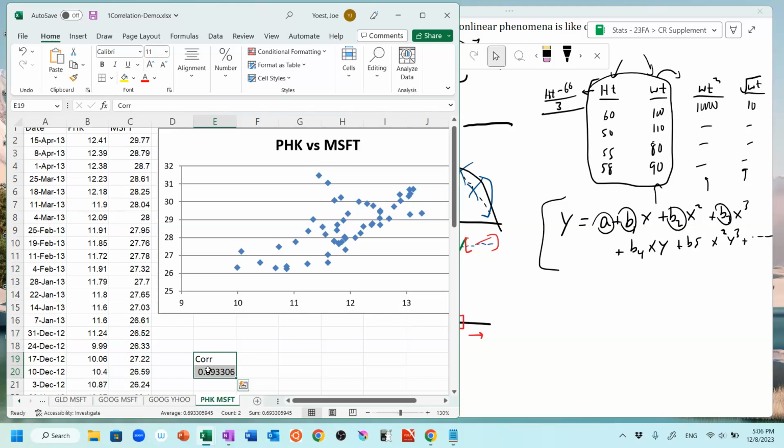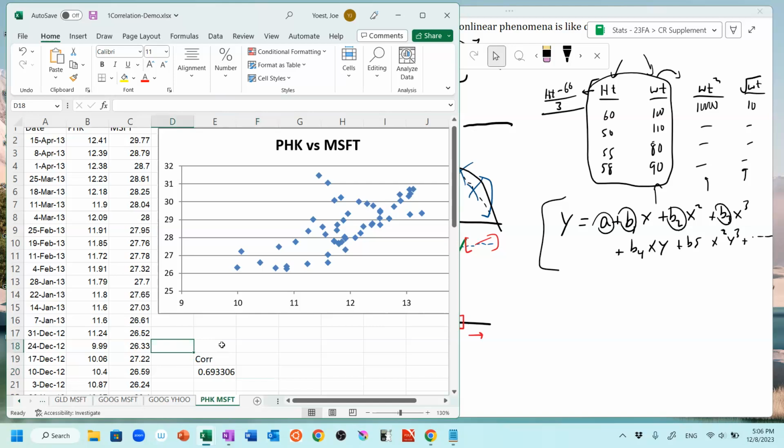And then I note the sign, because there is a relationship, I'm going to describe the nature of it. It has a positive sign. So this is a positive linear relationship between the variables. And again, that means observing a high value for one of them would lead me to expect to see a high value for the other one, and vice versa. Low, I would expect to correspond with low.